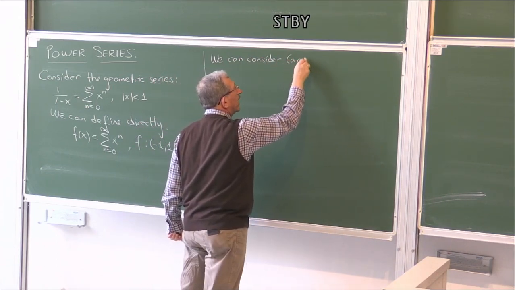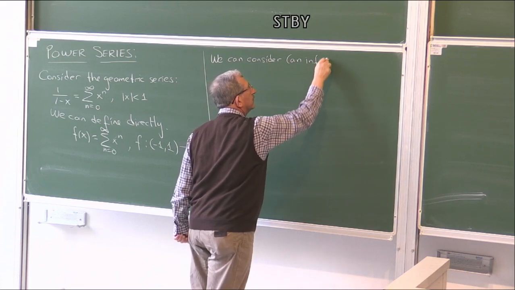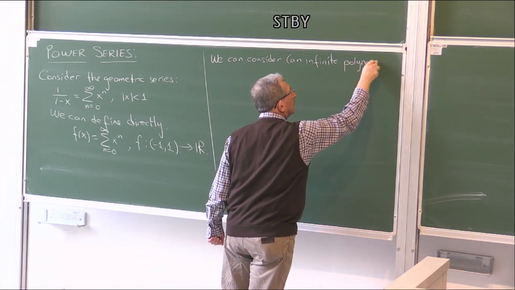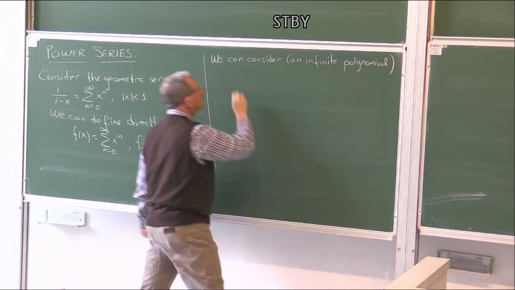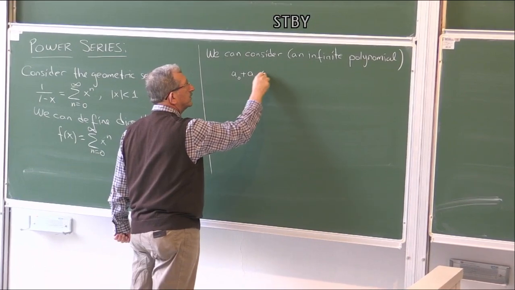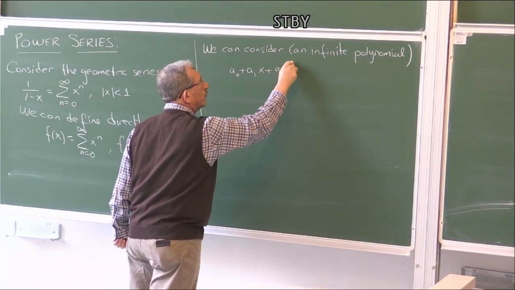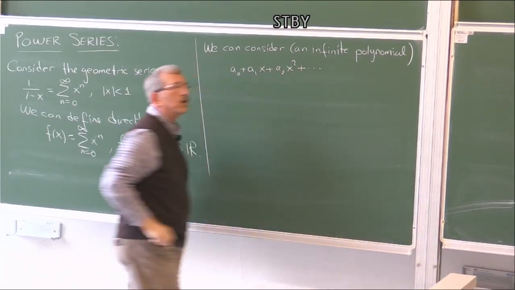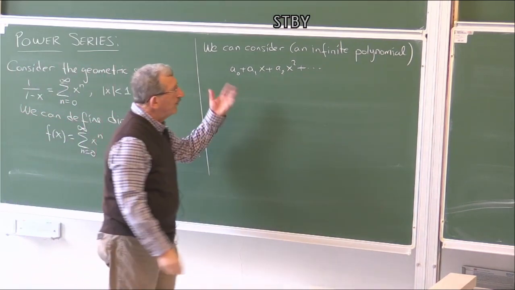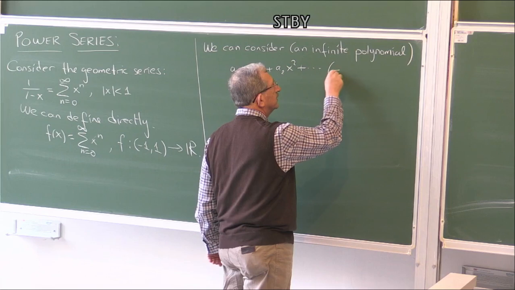Let me say an infinite polynomial, namely a0 plus a1x plus a2x squared, and it continues up to infinity.